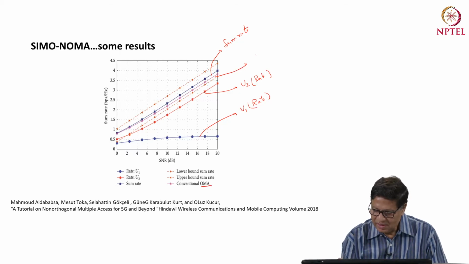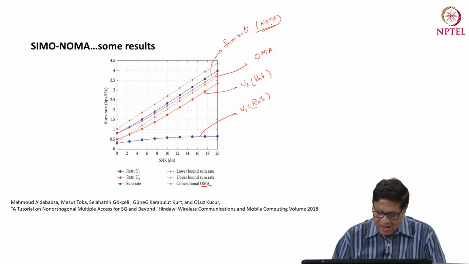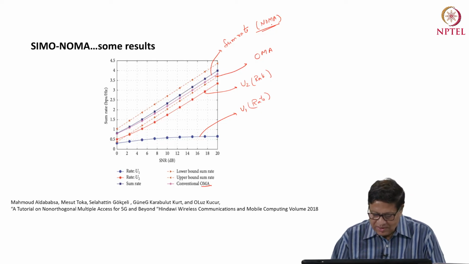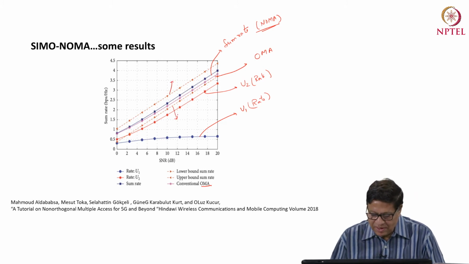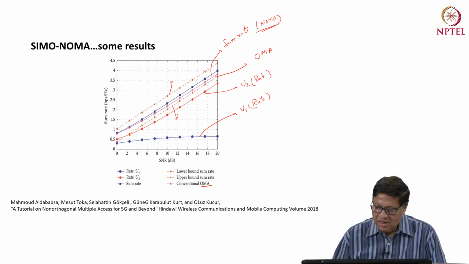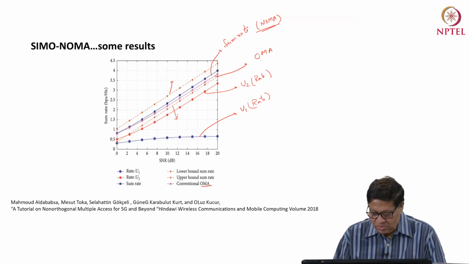This is the OMA sum rate, and basically this is NOMA. So you see there is a clear advantage in NOMA as compared to OMA. And the other lines, the dashed lines, this one and this one, are the lower bound sum rate and upper bound sum rate. So using MIMO NOMA, this is the performance gain you get as compared to conventional orthogonal multiple access schemes.